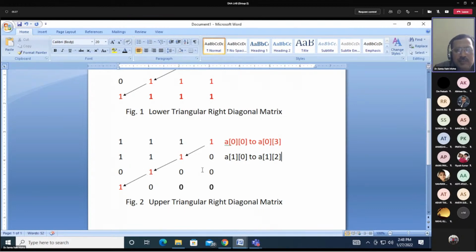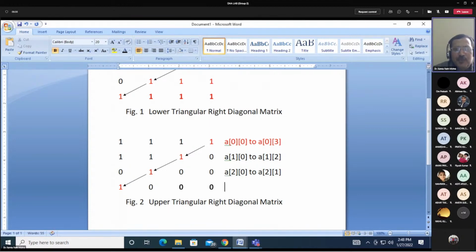And in the third row, A20 to A21. This will be non-zero.